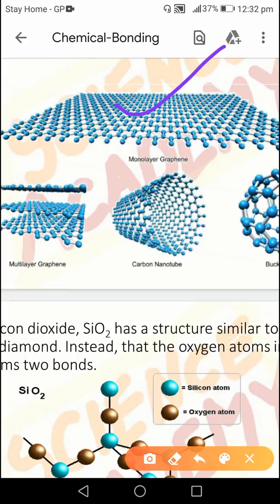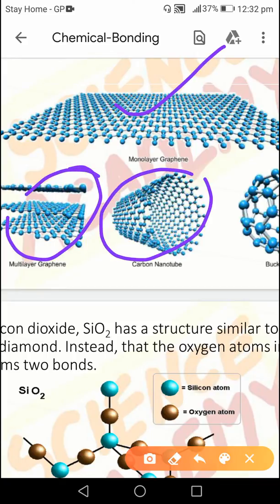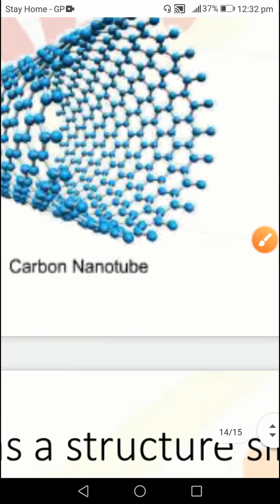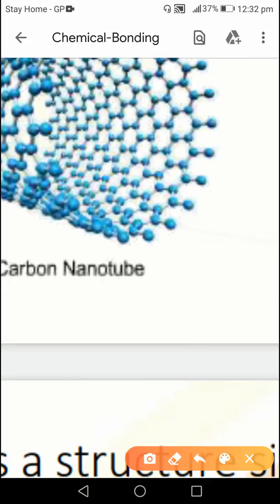So this is the graphene, this is the graphite, and this is what we call a nanotube. Look at the structure of the nanotube. Look, it has also got those sort of hexagonal structures, right?